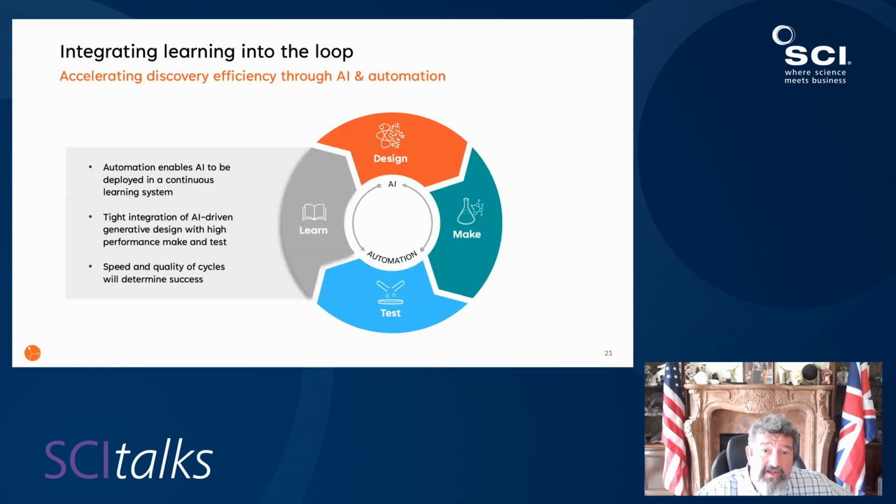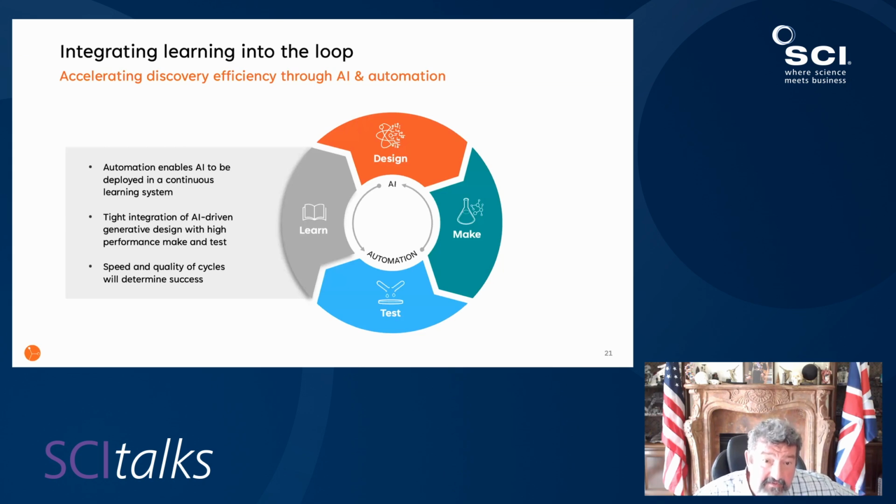Automation. So in a way, there's little point in designing a compound in a day if it then takes 3 months to synthesize and test it. So we focused recently, over the past two years in particular, on integrating learning into a real, reduced to practice experimental and AI loop.